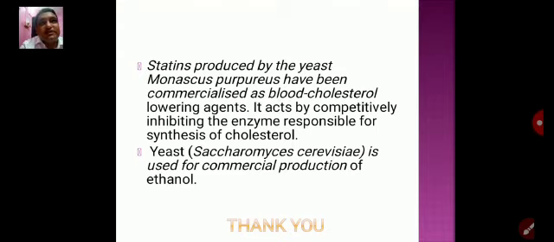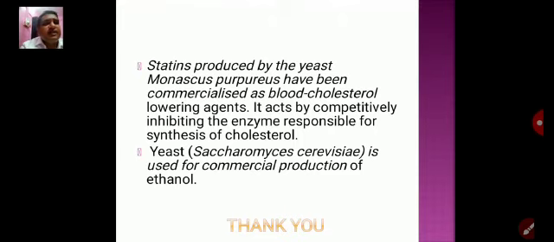For persons suffering from high blood cholesterol, this is a very important bioactive molecule derived from the yeast Monascus purpureus that inhibits cholesterol synthesis in the human body and lowers blood cholesterol. So these are very good chemicals, enzymes and bioactive molecules. Another one is Saccharomyces cerevisiae, used for the commercial production of ethanol, which I have already discussed.